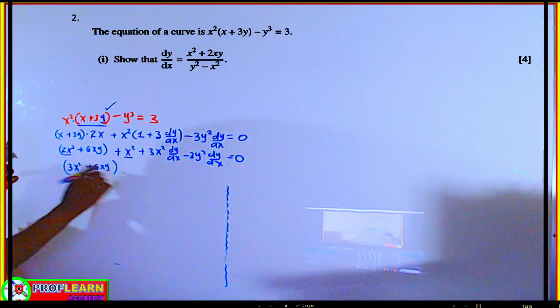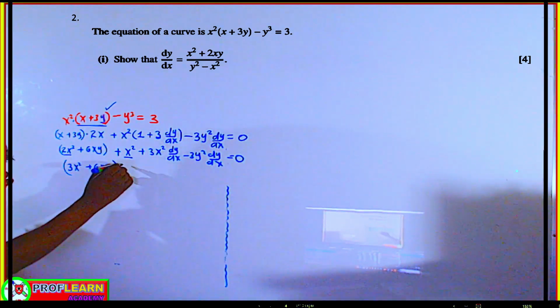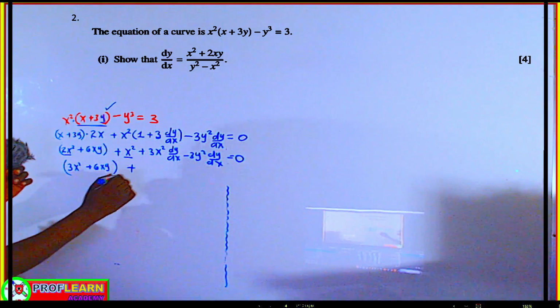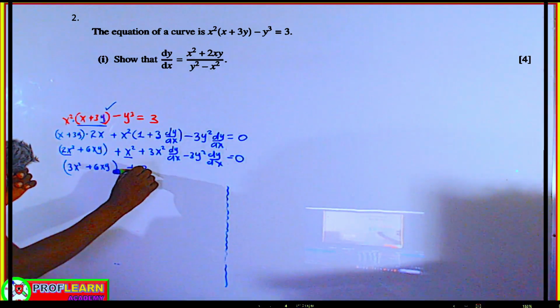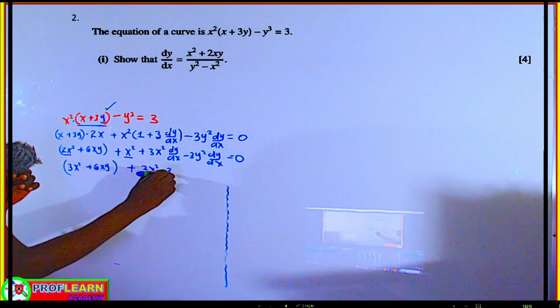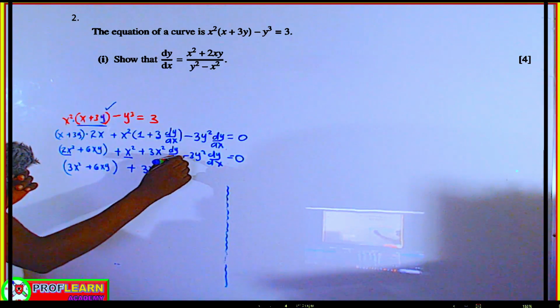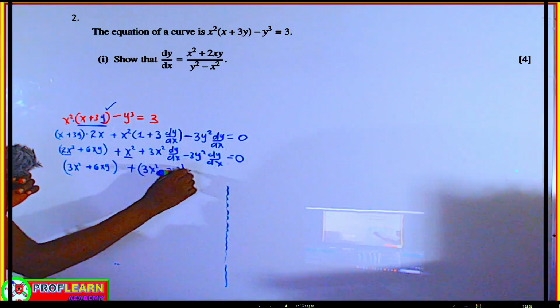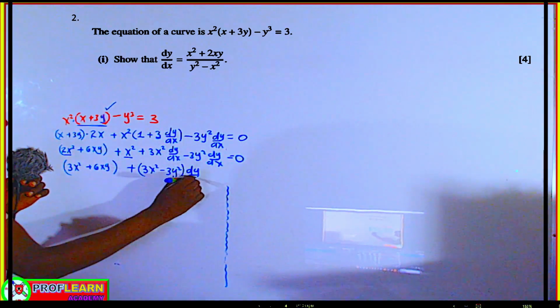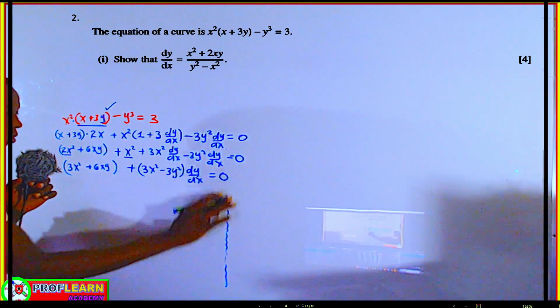These terms do not have dy/dx at any given point. Then we shall say this is also 3x squared minus 3y squared. I've combined this, and then I write dy/dx here, is equal to 0.